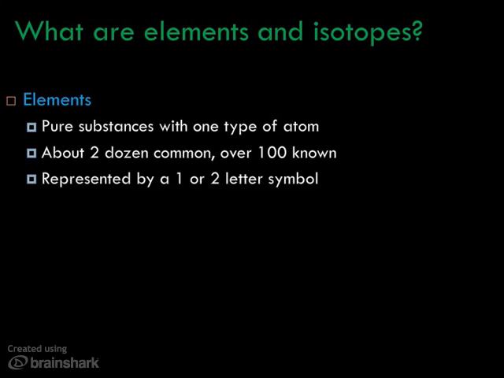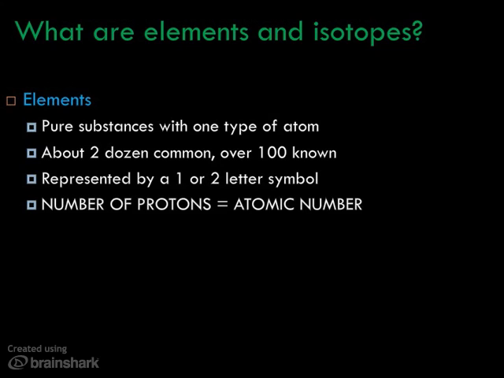Every element is represented on the periodic table also by a 1 or a 2-letter symbol. And each element has a unique atomic number that equals the number of protons. So for every single element, their atomic number is equal to the number of protons, and that is unique. No other element has that number of protons.